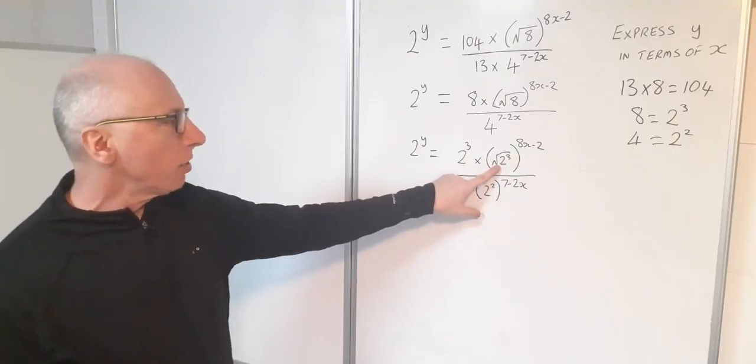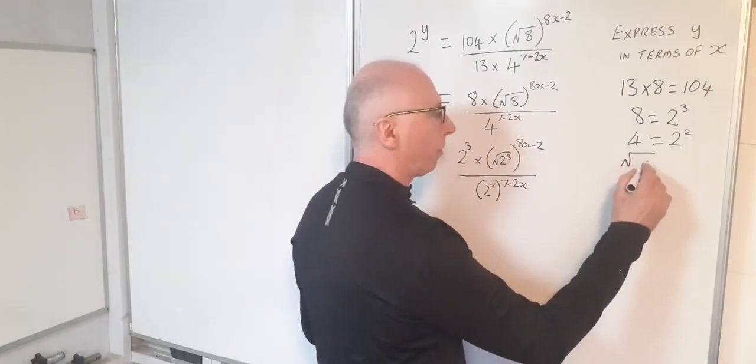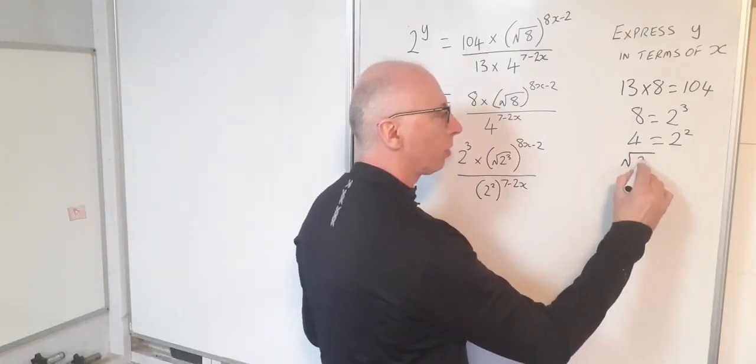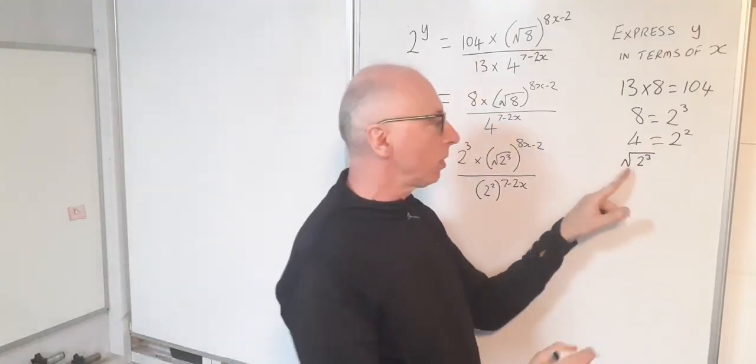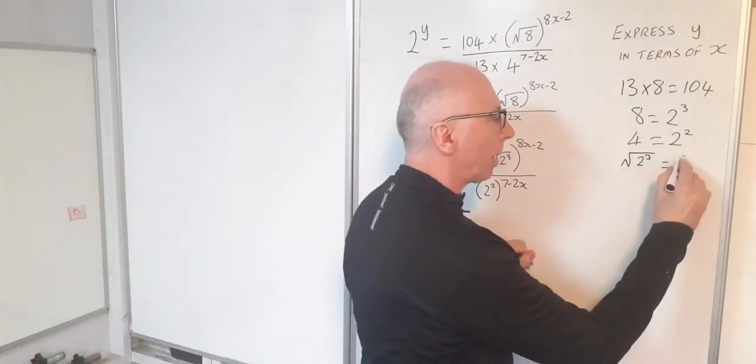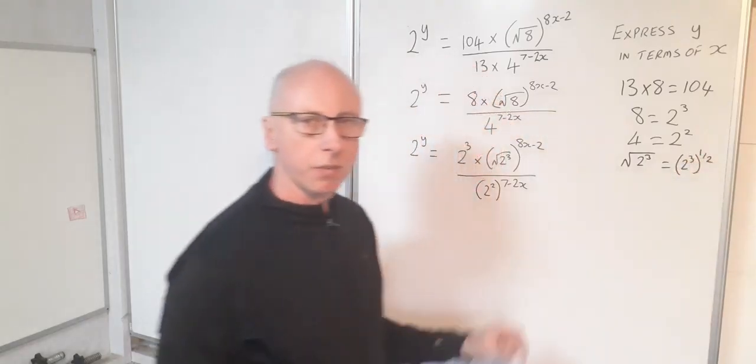So let's rewrite square root of something. So remember the square root of, for example, 2 cubed, which we have here, I can rewrite that. Anything to square root is to the power of a half. That is the same as 2 cubed to the power of a half.